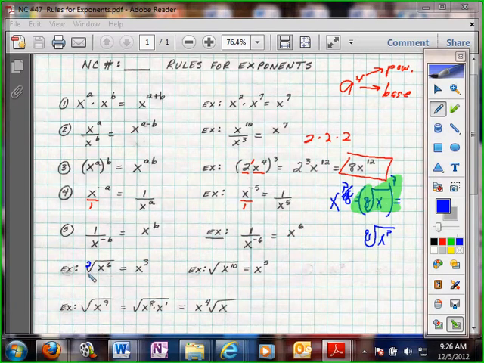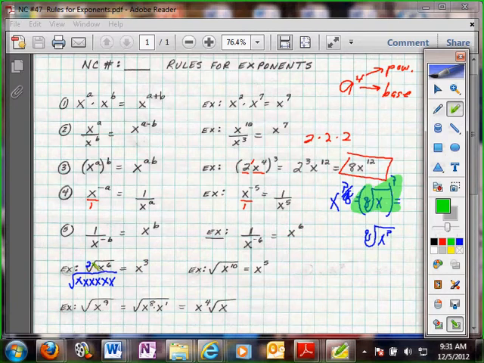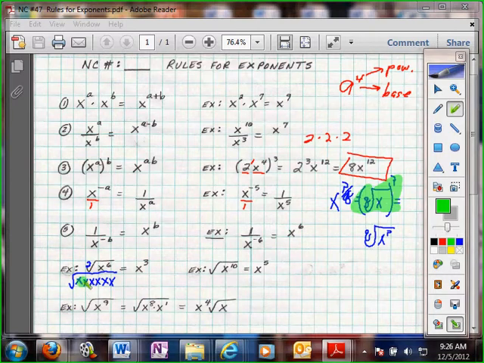I can rewrite this square root of x to the 6th as square root of x times x times x times x times x times x. This is x to the 6th. I'm looking for groups of 2 because my index number tells me what size of groups I'm looking for. So I want to circle my groups of 2.